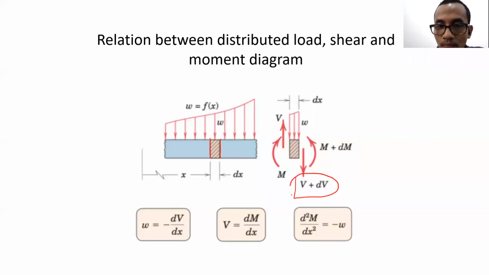So we put it as V plus dV. Although later dV can be positive or negative, so it can be bigger or smaller as well. The same for the moment. We assume it to have the value of M plus dM.